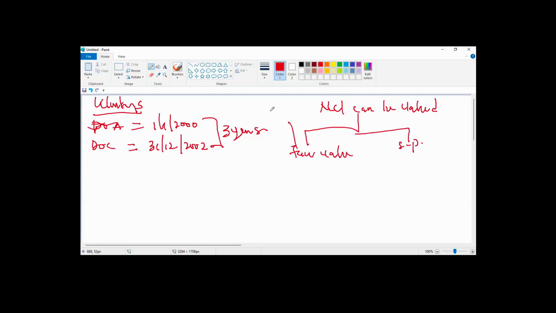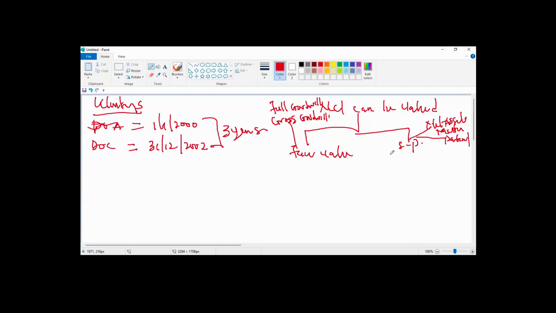Another name for fair value is the full goodwill method, or gross goodwill method. But for share proportionate, the same as net assets method, they call it the partial goodwill method.